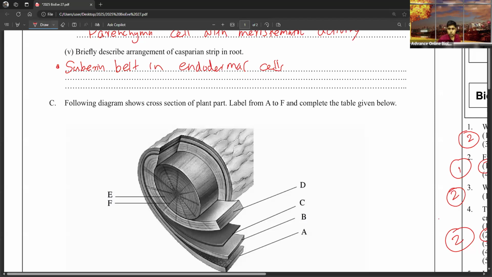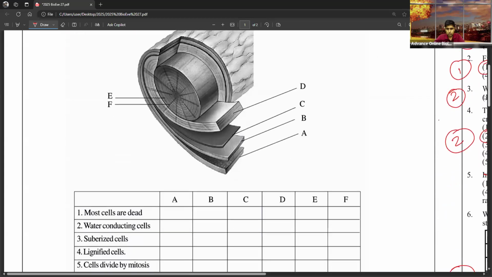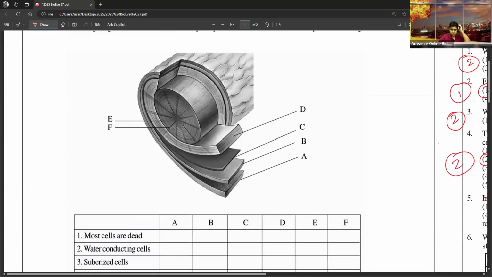The following diagram shows a stem section. Label the parts. What are those layers, people?